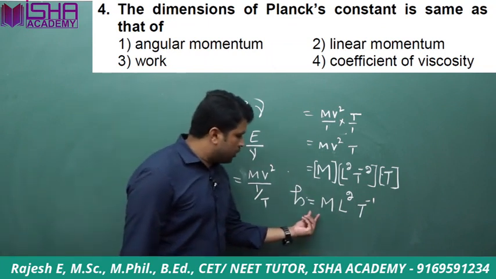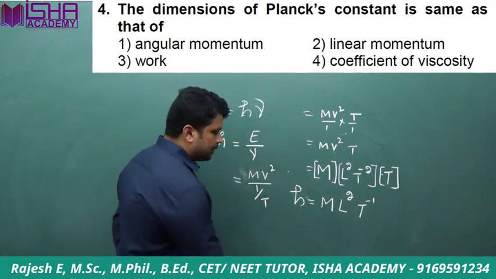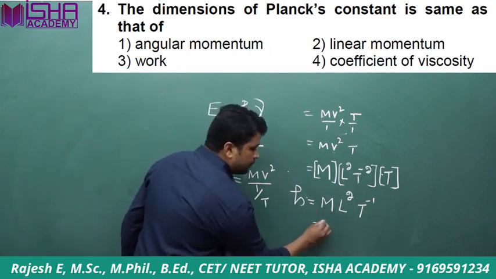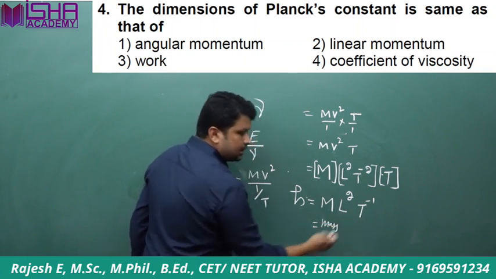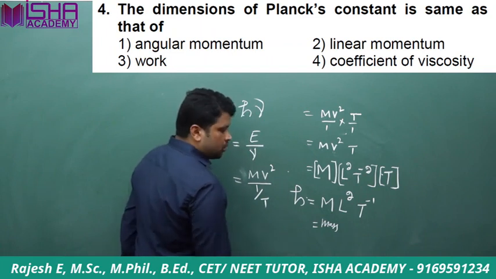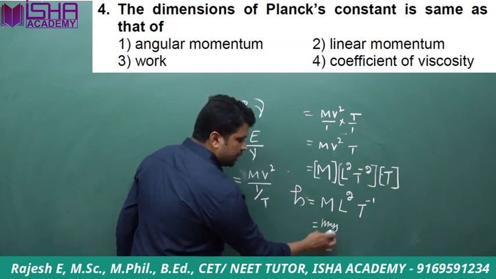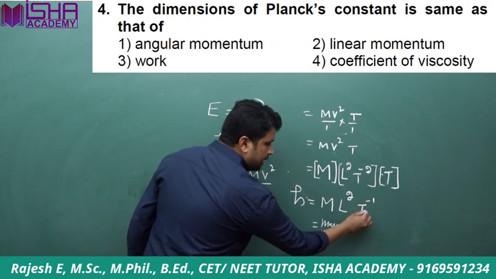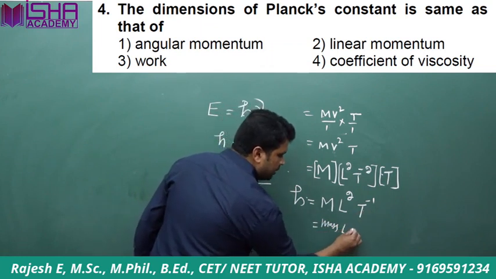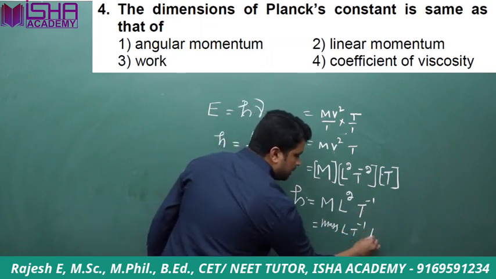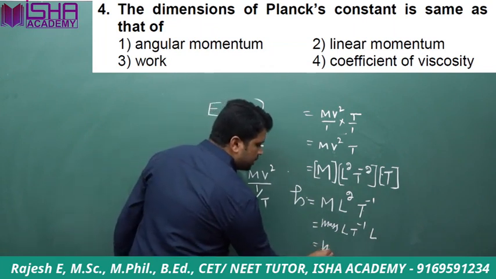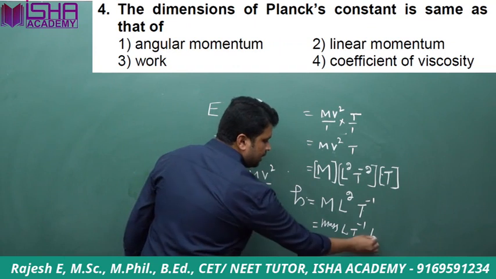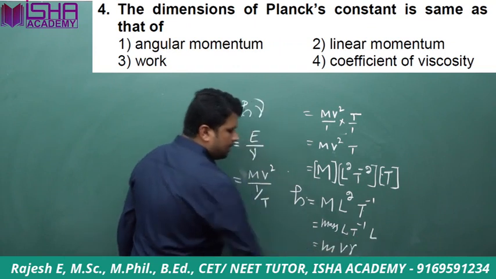Here, this is mass, this is length square, and this is time to the power minus 1. So I will convert this. This is mass, and L T minus 1 is velocity, and the one L we have is distance, that is r.